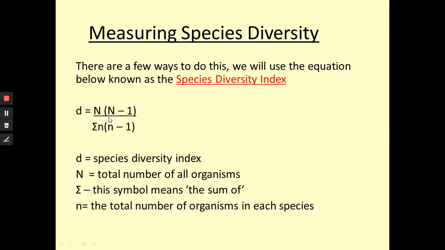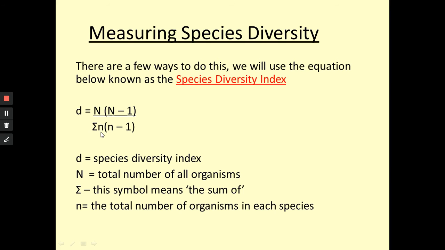So our total equation is this. The total number of all organisms times by the number of organisms minus 1. So if I've got 10 organisms, I would do 10 times 9. This one is the sum of the total number of organisms in each species timed by the total number of organisms minus 1.